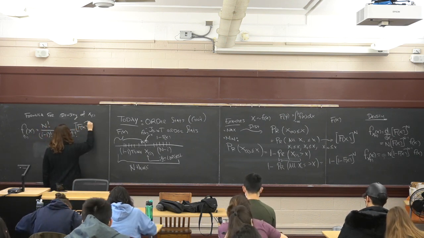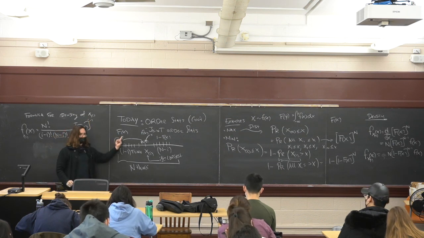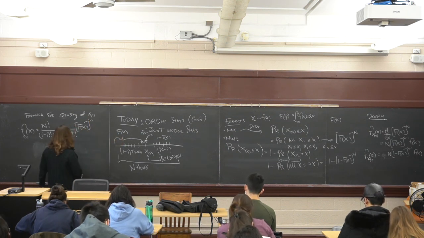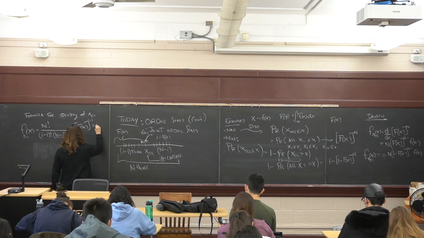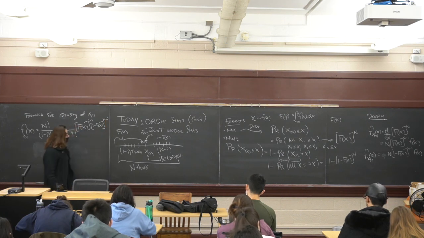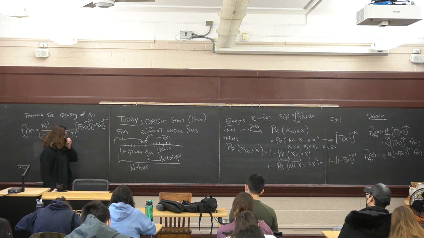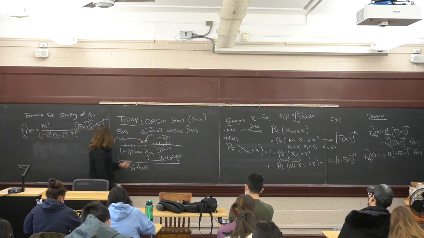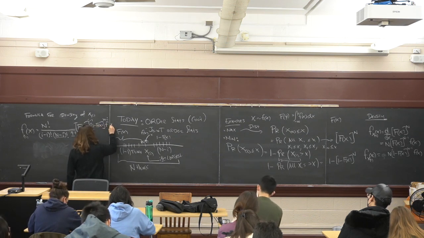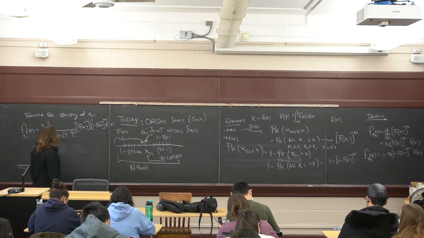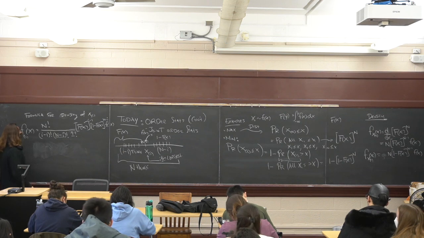So I've got i minus 1 things that happen with probability capital F. Then I have 1 minus F of x, how many things happened, n minus i, and then I've got my very last thing that I need to account for. That's little f of x. And that's my formula.